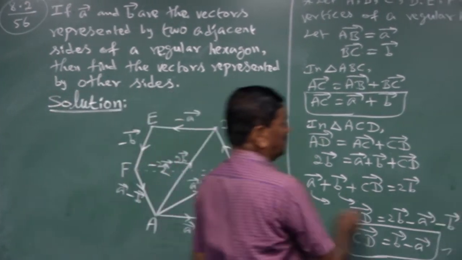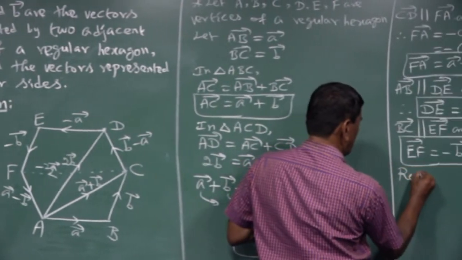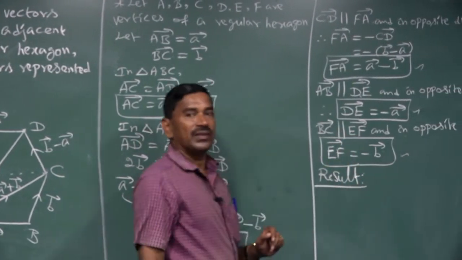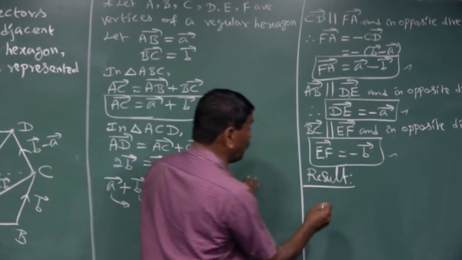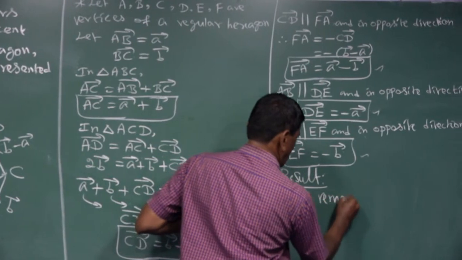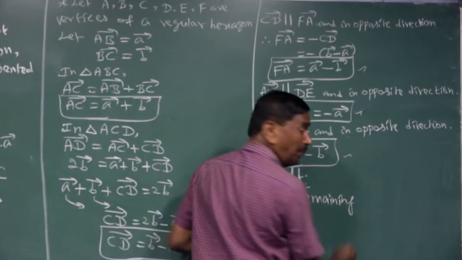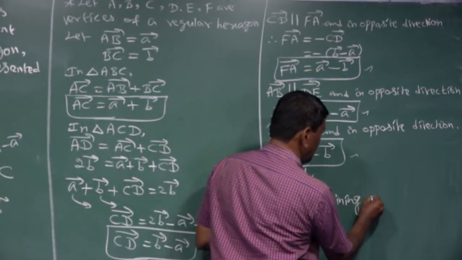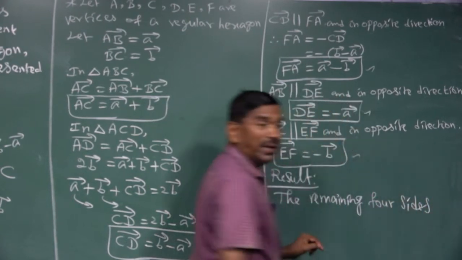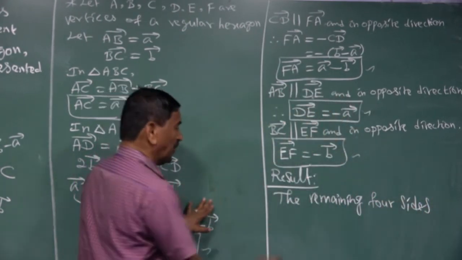Now the result. The remaining 4 sides of a regular hexagon.